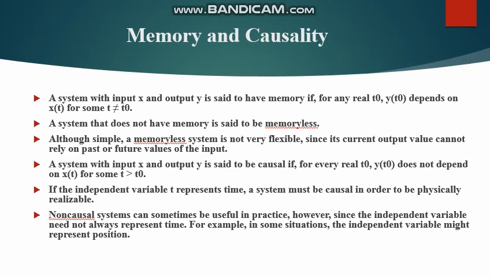There will be no constants relating them to each other. There is no past value again getting into the output. So that is a memoryless system. The point is that a memoryless system is not very flexible. Its current output value cannot rely on a past or future value. Past or future value, it's not dependent.